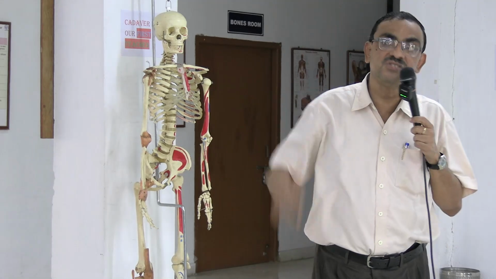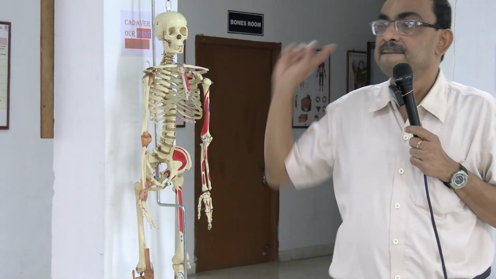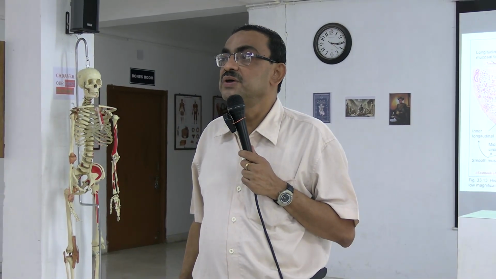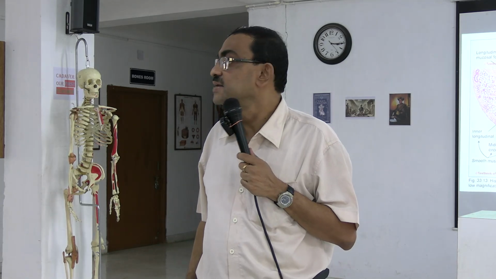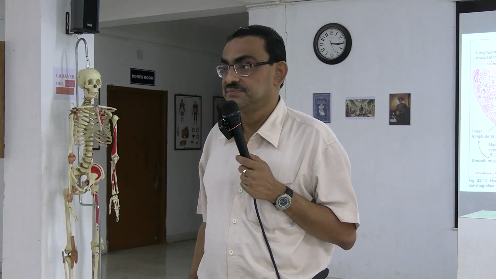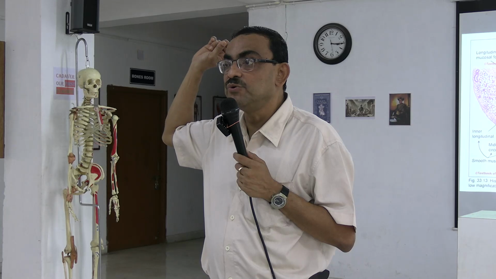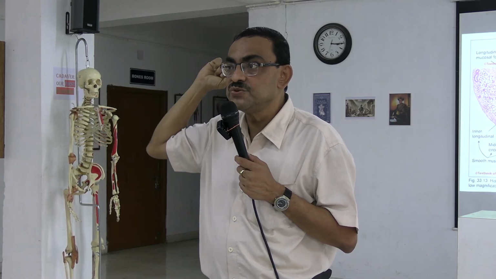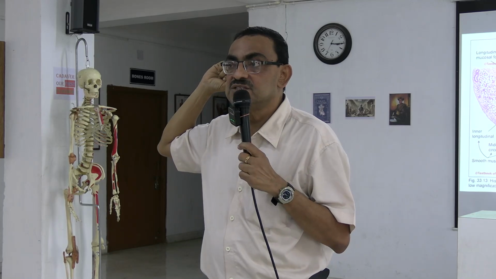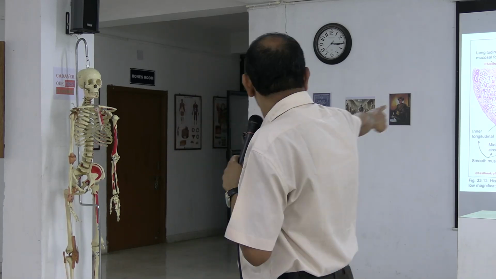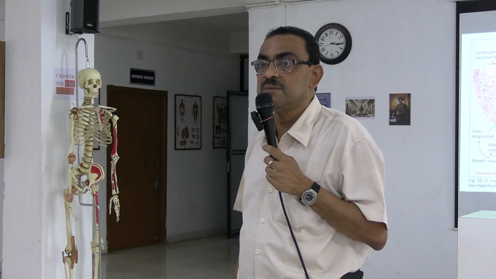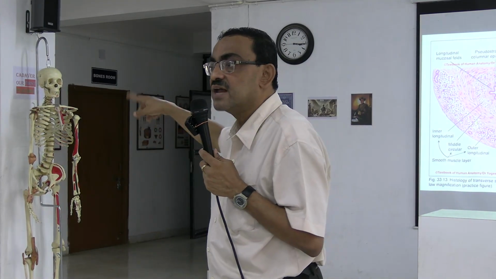Now this is the histology of the vas deferens, very important. Similar histology we can get in the case of the ureter. You can see outer longitudinal muscle, inner longitudinal muscle, just try to focus on the muscle layer: the outer longitudinal muscle, inner longitudinal muscle, and in between there is a circular muscle.